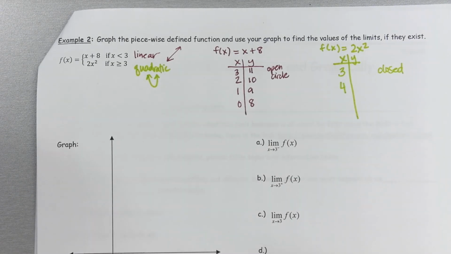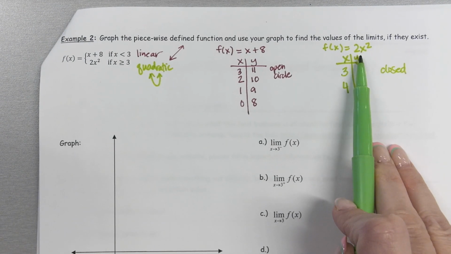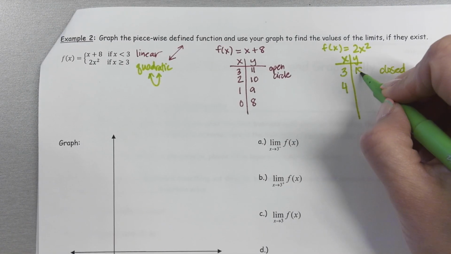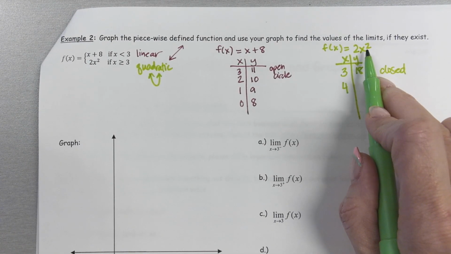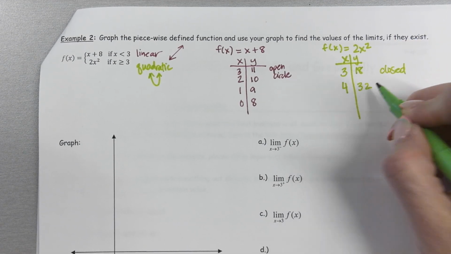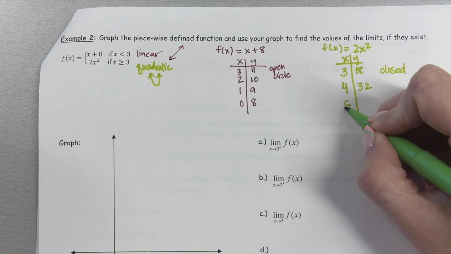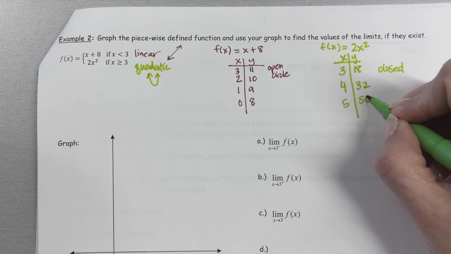If I plug in 3, I remember to do my order of operations. So I do 3 squared, which is 9. 9 times 2, 18. 4 squared, 16. 16 times 2, 32. And if I did 5, 25 times 2 would be 50.